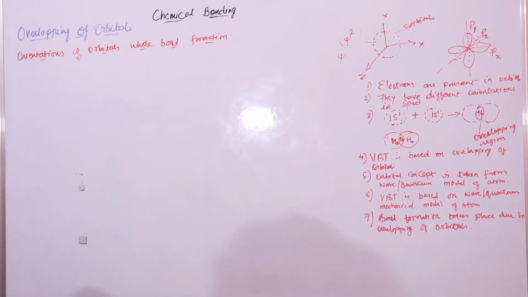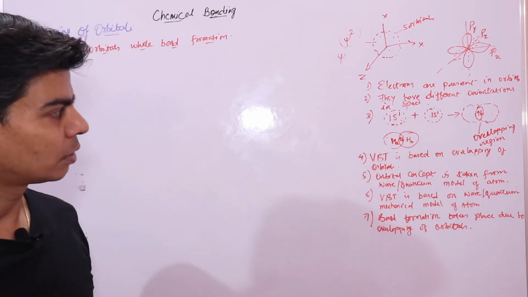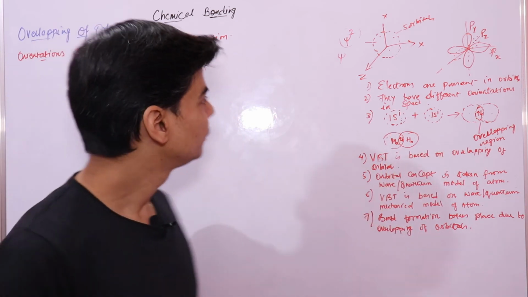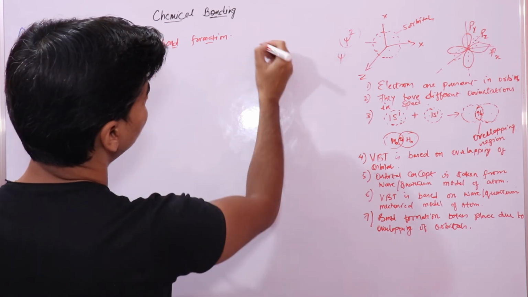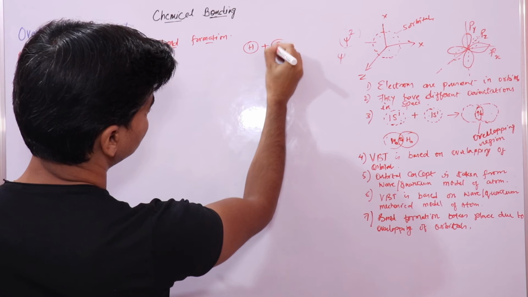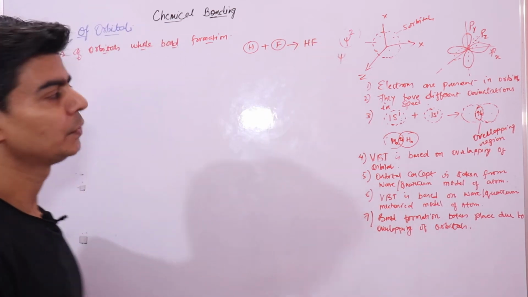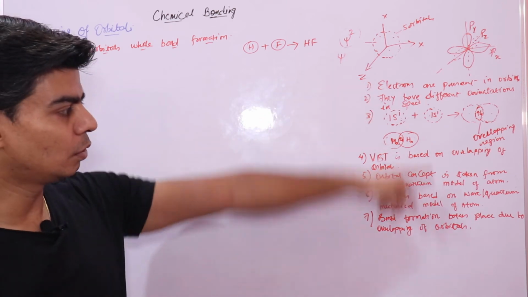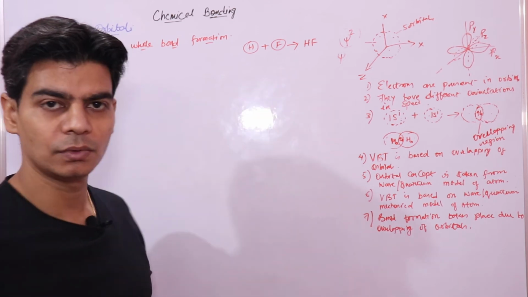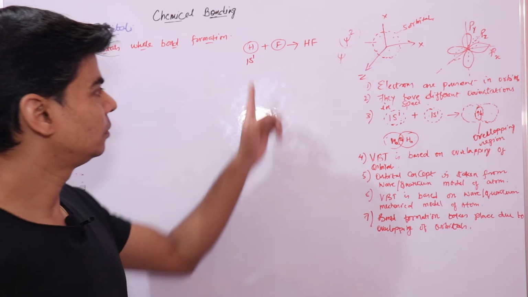So these orbitals of any atom, say a hydrogen fluoride molecule is forming. Suppose this is your hydrogen, this is your fluorine, it will form a hydrogen fluoride molecule. This is a covalent molecule. So based on this concept, in the formation of the hydrogen fluoride molecule, hydrogen has only one electron, one orbital.